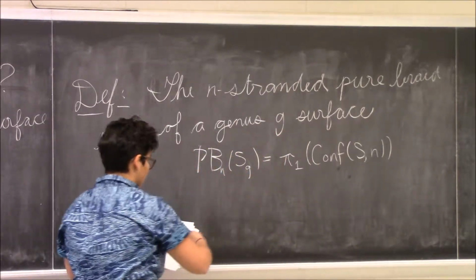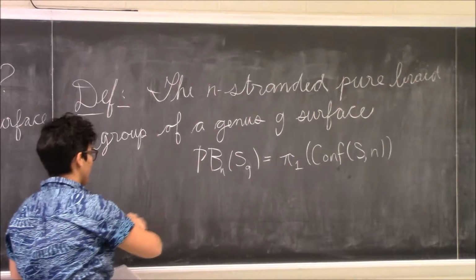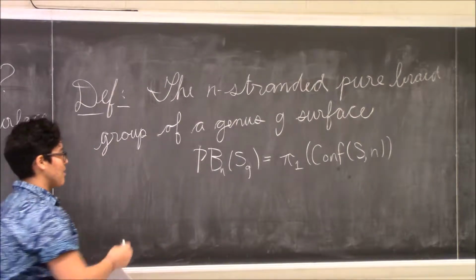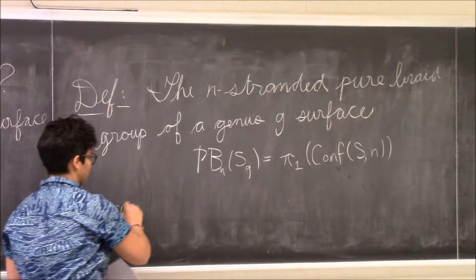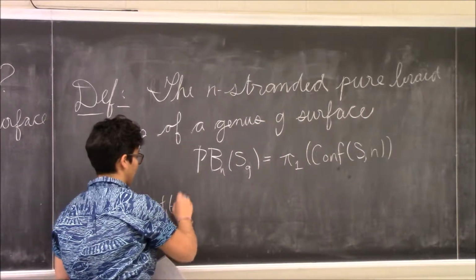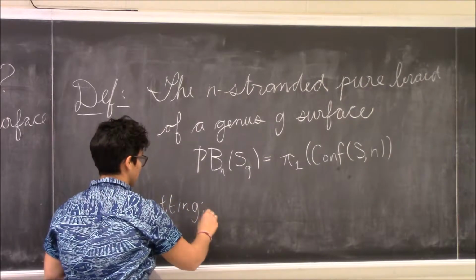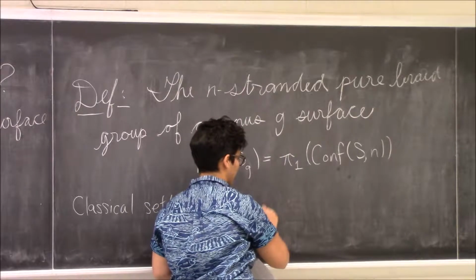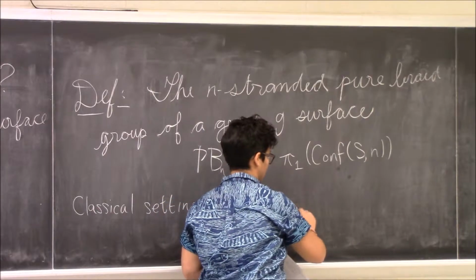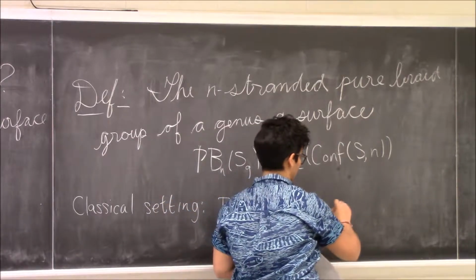And so if you have thought about braids at all, this is reminiscent of the classical setting for the pure braid group, which is typically just denoted PB sub n, which is just defined to be the fundamental group of the configuration space of n points in the complex plane.